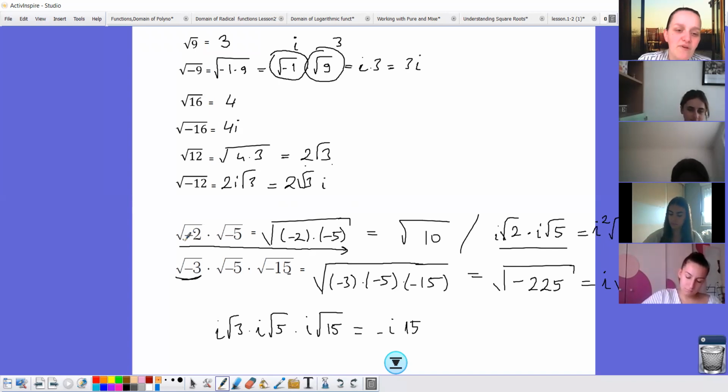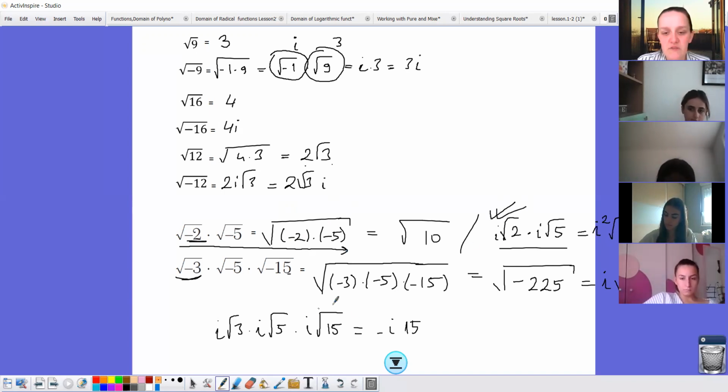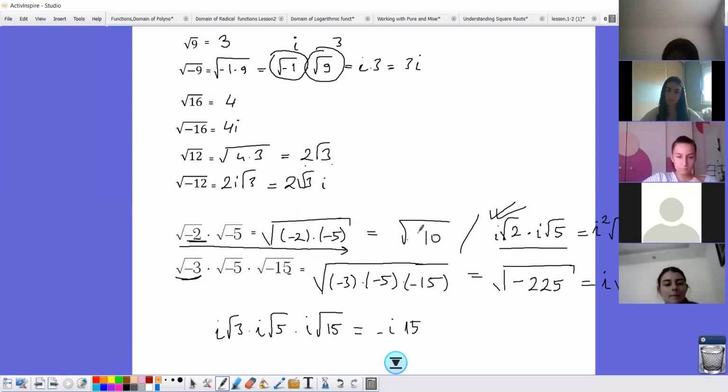Here, because you have minus, you cannot combine like that. This one is the correct one. This doesn't work, it has a rule. You cannot combine here because you have the negative parts.